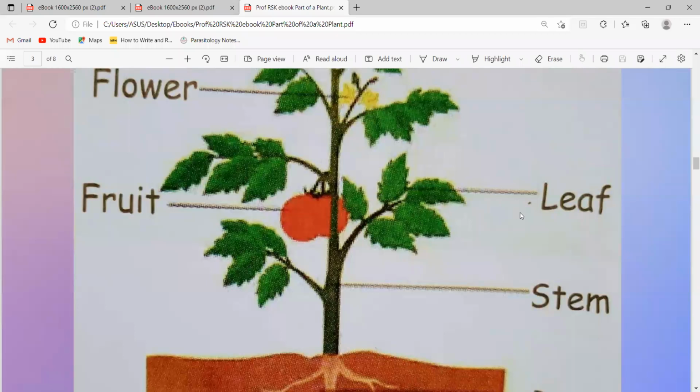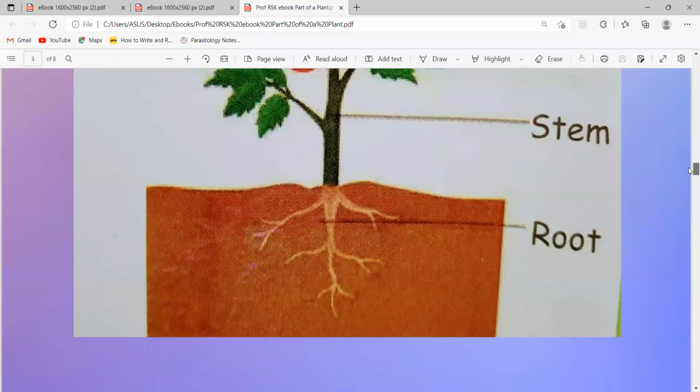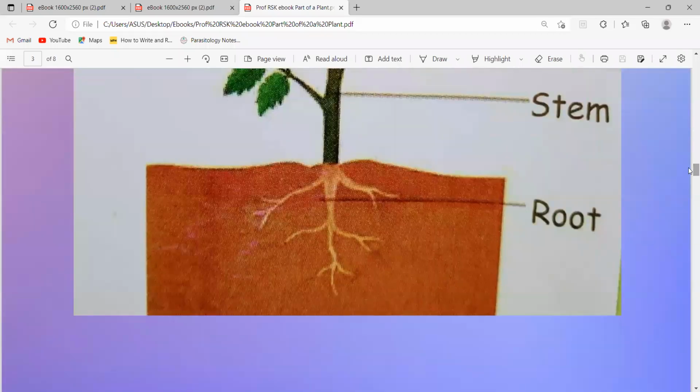If it is just one, it is leaf. Fruit or fruits, and then flower or flowers. After you have identified, please draw it nicely, and you will present it. Right. Thank you very much.